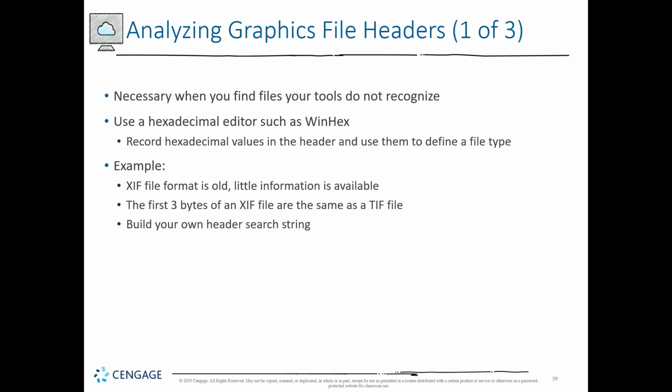So that's one of the issues when analyzing just the header: normally the magic number or the first byte is unique, but that's not always the case. So you may need to build your own header search string looking at common file signatures. And realistically, again, this is above what an entry-level forensics analyst will need to know. It's more of looking at common file signatures until you build up your experience to be able to go past that.